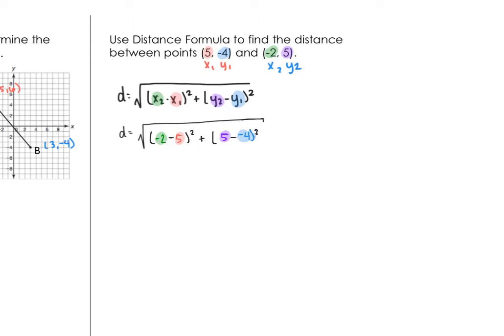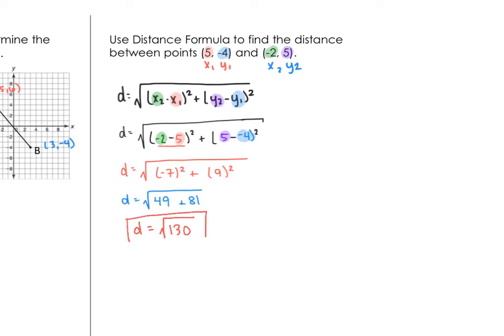Next thing we do is simplify inside the parentheses. -2 minus 5, that's -7, and then we have 5 minus -4, which is +9. Then we simplify the exponents. -7 squared is 49, and 9 squared is 81. Then we just add those together, and you end up with the square root of 130.